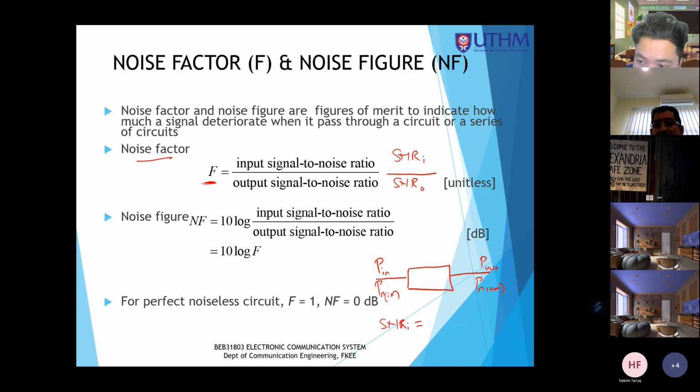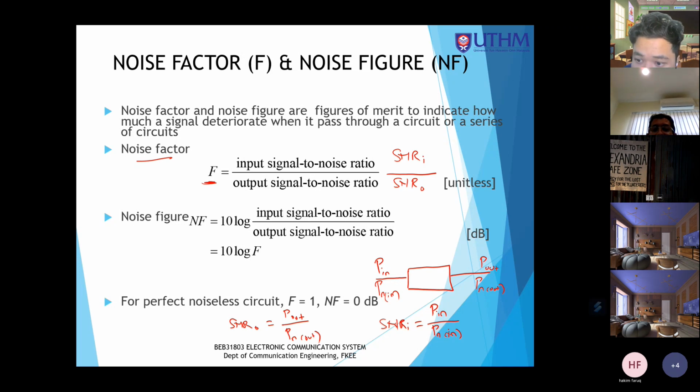So kalau kita divide so therefore SNR input, okay, SNR input is equal to P in divided with power of noise in the input. Okay, power of noise in the input. And for the SNRO, okay, SNRO is equal to P out divided with PN at the output.